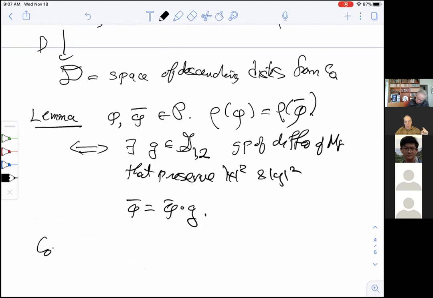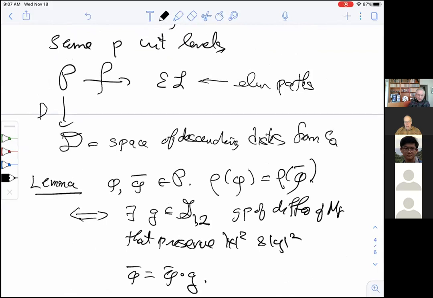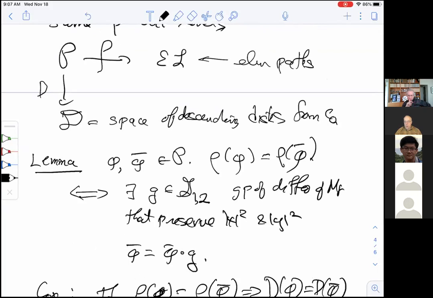And that implies, as a corollary, if rho of phi equals rho of phi bar, then D of phi equals D of phi bar. Because if you operate by a function that preserves norm x squared and norm y squared, it preserves the locus where x is 0, which is the descending manifold. So it preserves the descending manifold in the standard model, and therefore it preserves the image.